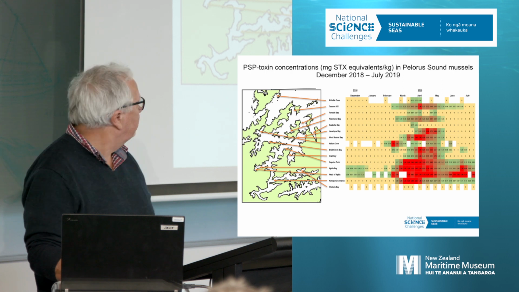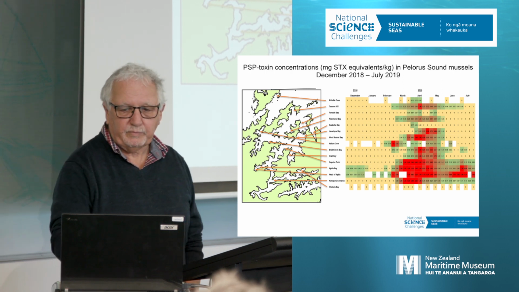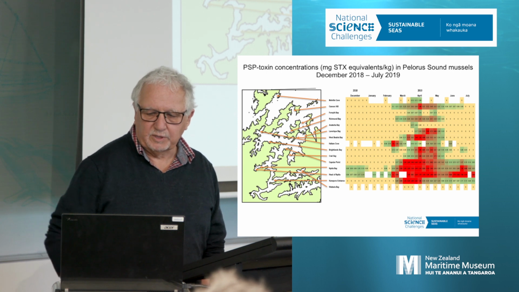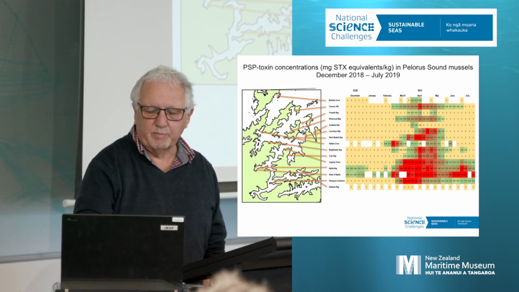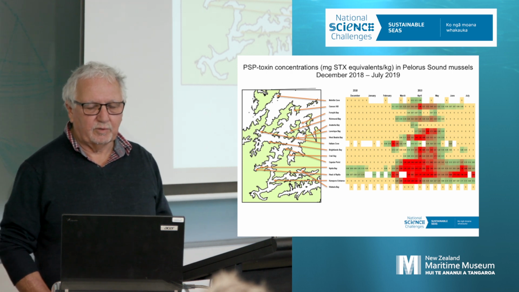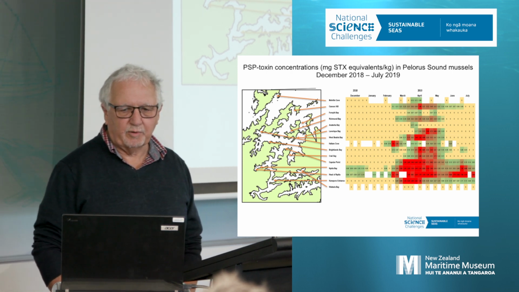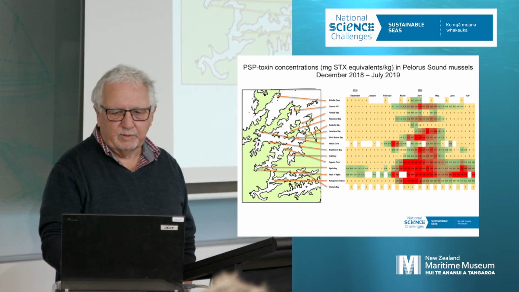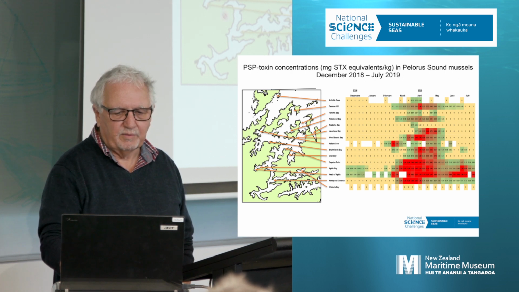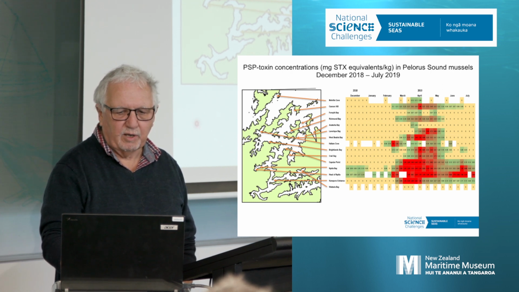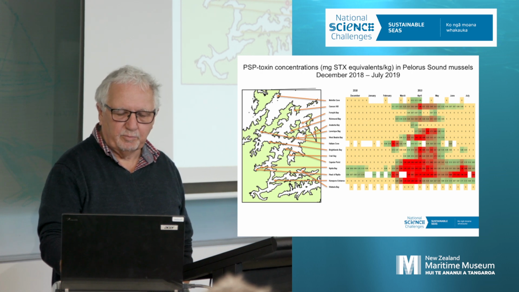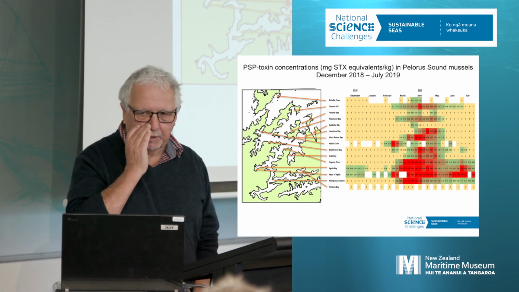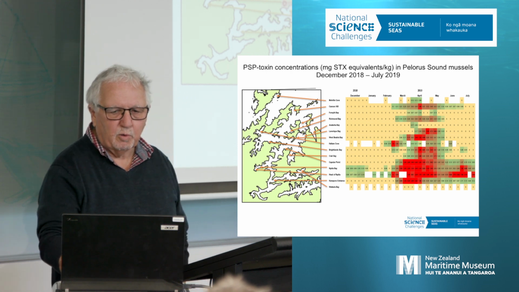The figure on your right just shows the levels of toxicity. The red is where the levels are actually over the regulatory level of 0.8 milligrams per kilogram of flesh. Although these high levels are relatively confined to the central part of the sound, other areas were extended lower, but the whole area had to be closed because they couldn't be certain that they would not get caught out.